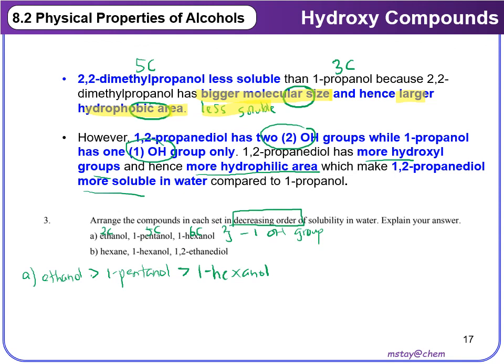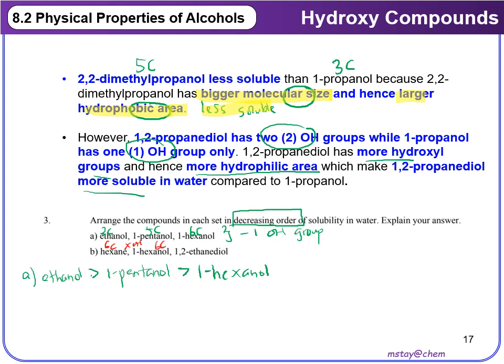Okay, so another one, 3B, which is hexane. Hexane has 6 carbon and no hydroxyl group.